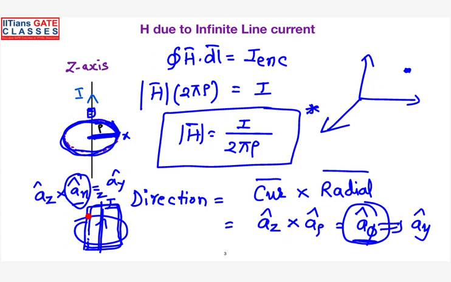No, the basic thing is very simple. You know that wherever the magnetic field direction will be there, in the same direction you need to consider the loop.